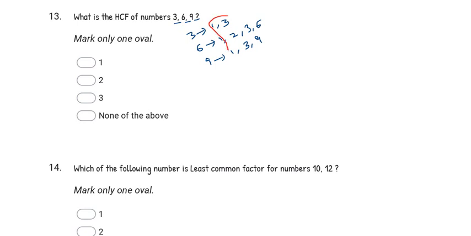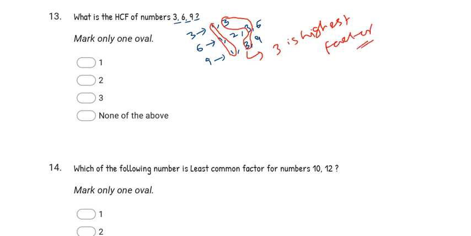The common is 1, and again 3 is common. So which is the highest? 3 is the highest factor.